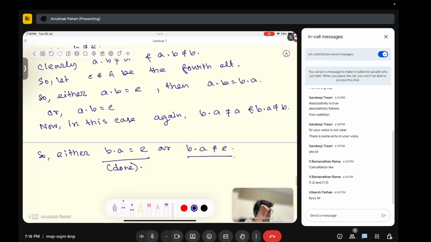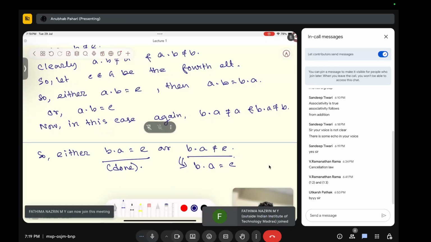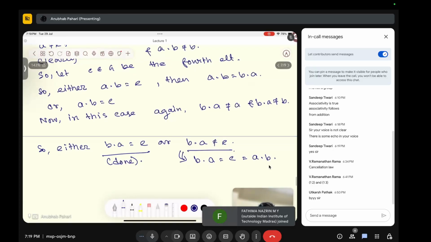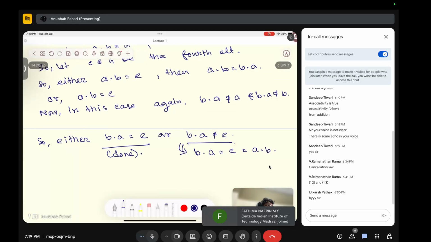And in the second case, there is only one option, right? See that this would imply this, and this would imply it. So the proof seems rigorous only when we have to be notationally correct.